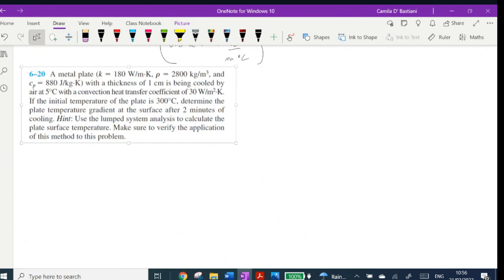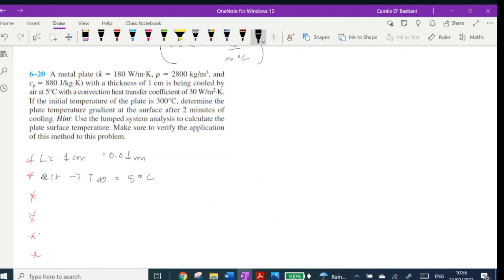So a metal plate, and they are given the data for the metal plate, with a thickness of 1 centimeter. It's cooled by air at 5 degrees Celsius with a convection heat transfer coefficient of 30 watts per meter squared Kelvin.